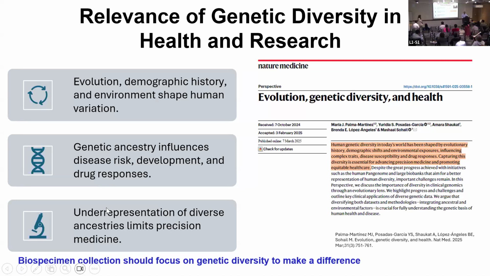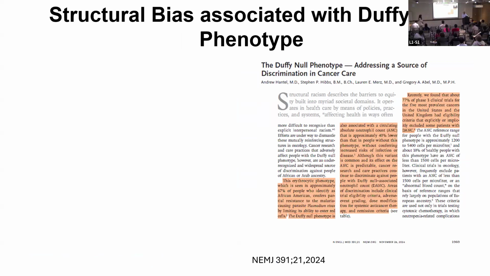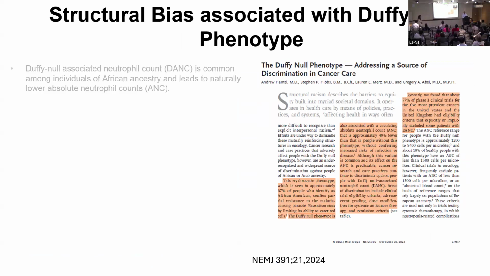That's why the theme of this meeting, I don't have to say again, underrepresentation of diverse ancestries limits our precision medicine. So for biospecimen collection, we should focus on diverse populations. One thing which has gained a lot of attention recently is an article in the New England Journal of Medicine on a trait called Duffy, which is more common in African ancestry. It is in the population because it protects against malarial infection.